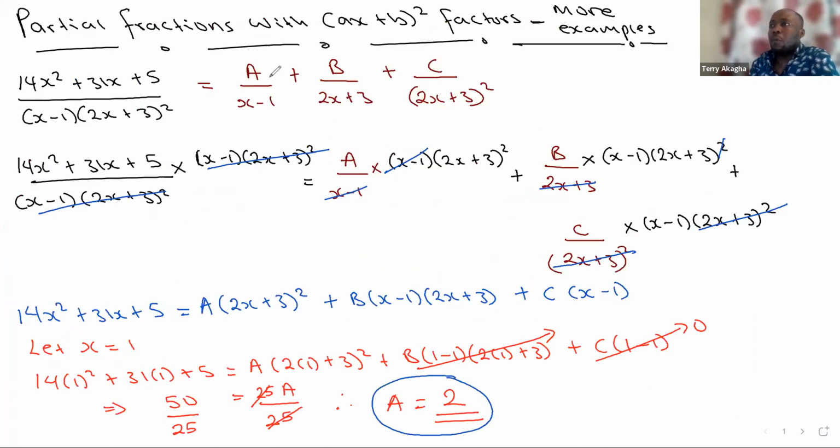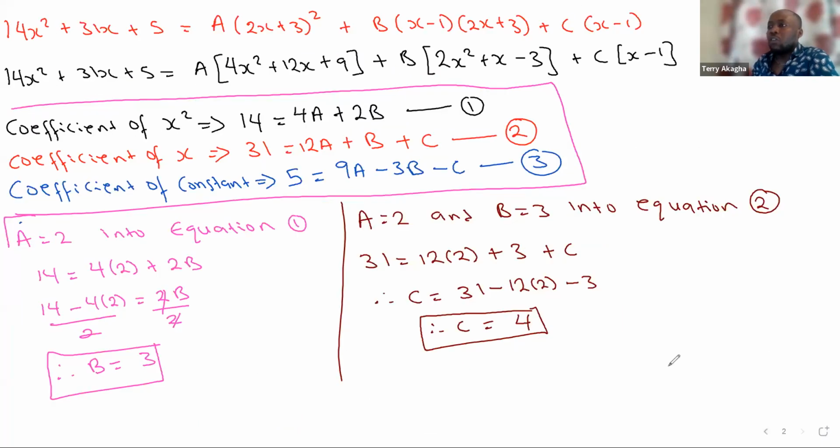So therefore, I can come back and replace it in the original equation I got. So that means I put my a and my b and my c. So I will just go back. So it's a over x minus 1, b over 2x plus 3, and c over 2x plus 3 squared. So my a is 2.